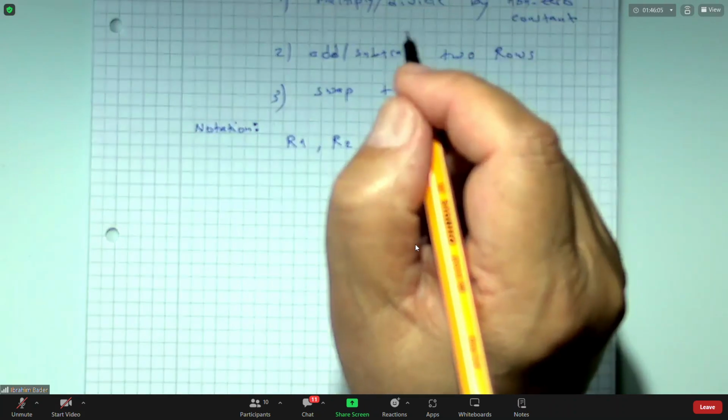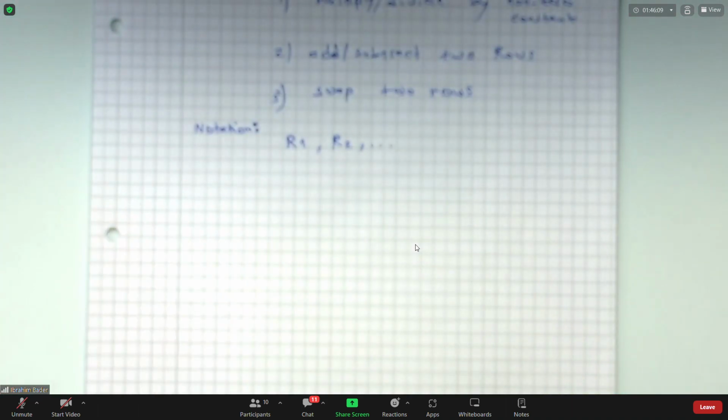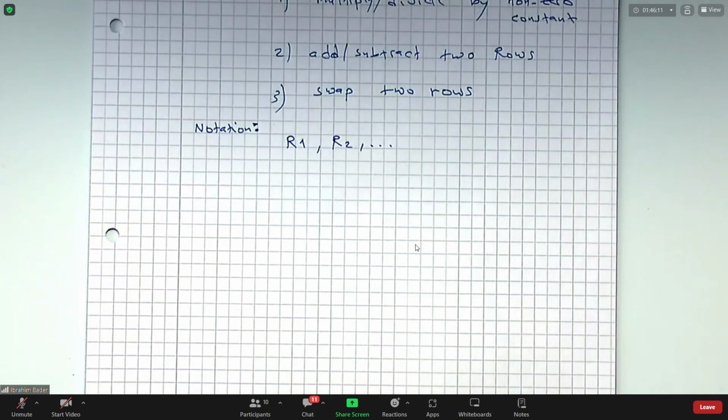This is important: working on one row is something, and changing the row is another thing.